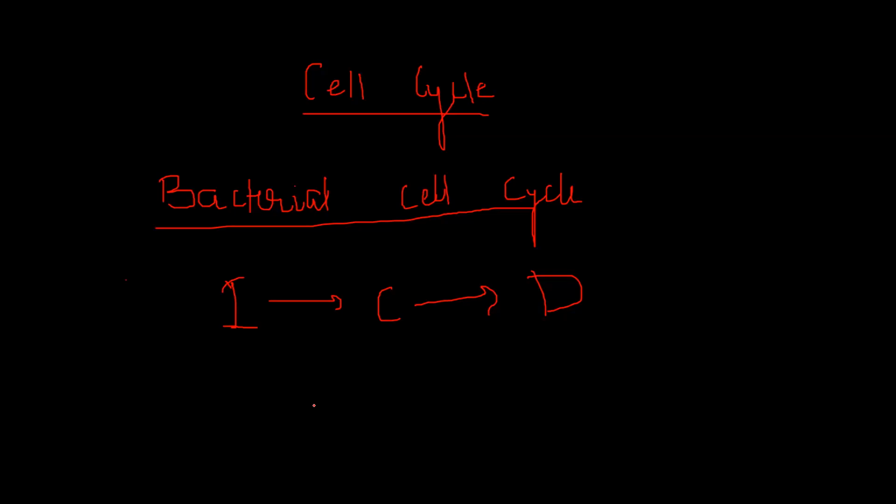I think it's initiation, then replication and termination. Yes, you are correct. These are different stages of the bacterial cell cycle. This one is the I phase, this one is the C phase, and this one is the D phase. I phase, that is the interval phase.